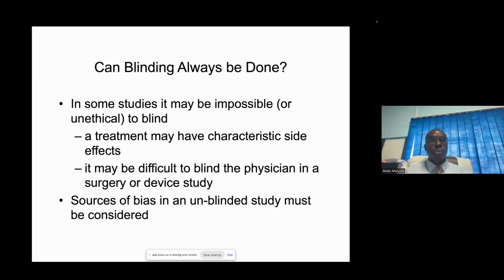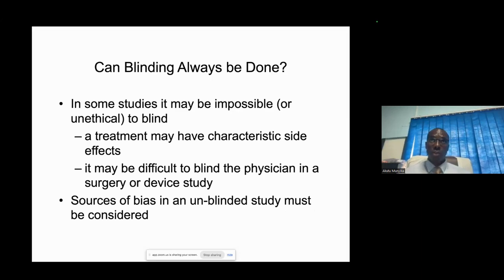Can blinding always be done? And the answer is no. It's not always possible to achieve this 100%. In some studies, it may be impossible or even unethical to blind, to create blinding. A treatment may have characteristic side effects, right? It may be difficult to blind the physicians in a surgical or a device study.